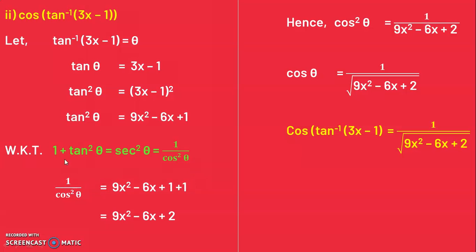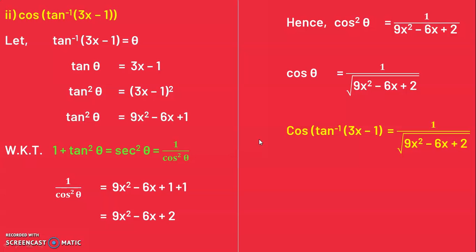So 1 by cos squared theta is equal to 1 plus tan squared theta. With this term we have added 1 here. By proceeding this way, we have found the value of cos theta, and your theta value is tan inverse of 3x minus 1. So we have found the answer here.